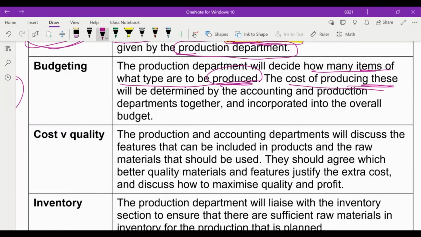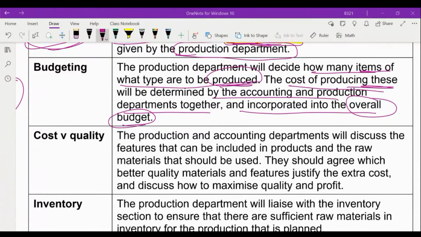The cost of producing these will be determined by the accounting and production departments together and incorporated in the overall budget. So the budget is for the whole organization, but information has to be derived from all the different functions, from all the different departments, and that's how we get information from the production department as well.